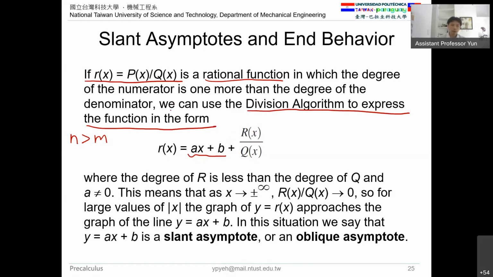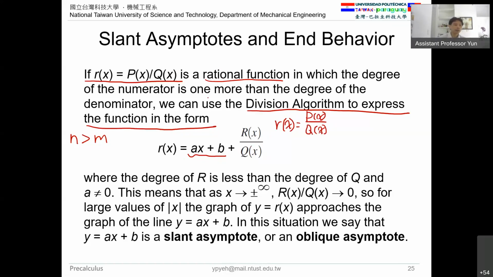Maybe just to explain that, let's go back to the original r of x equal to p of x divided by q of x. Both the numerator and the denominator are polynomial functions, right?